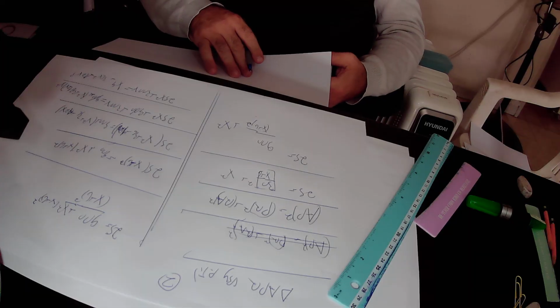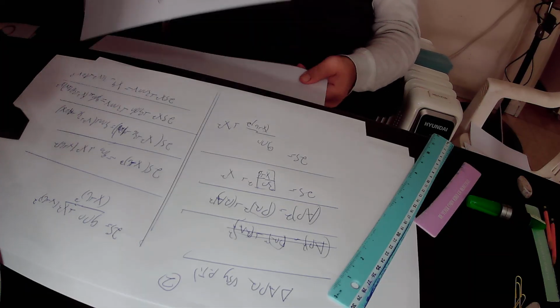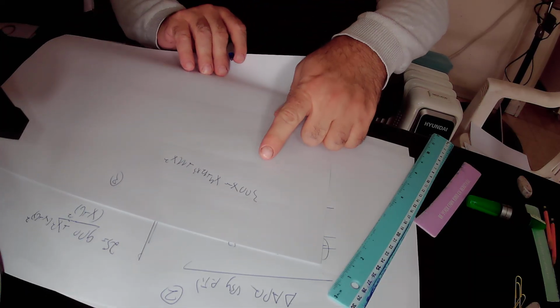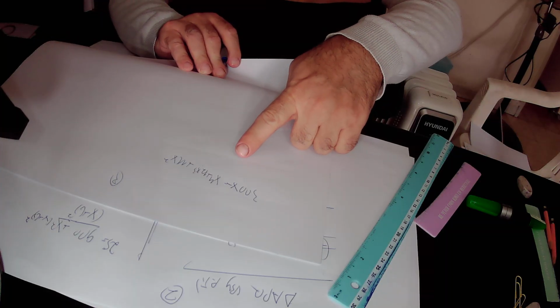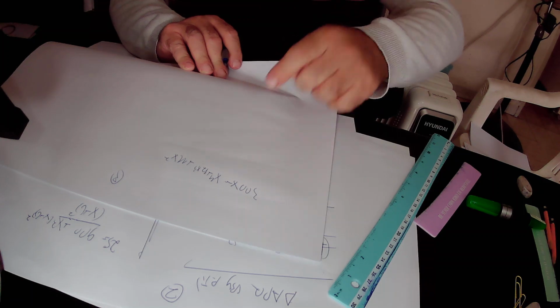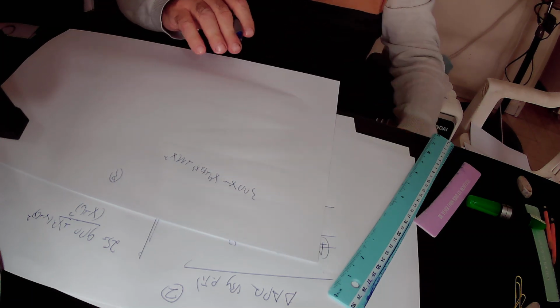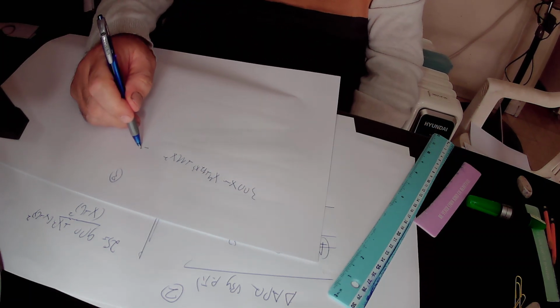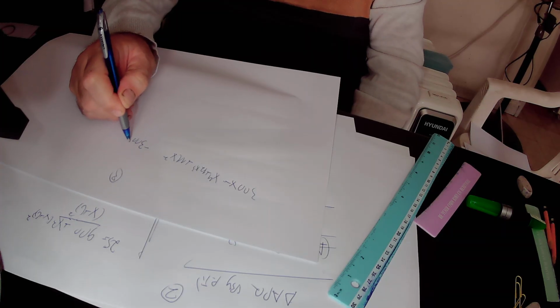So in total we now know that 300x equals x to the power of 4 plus 12x cubed plus 11x squared. So here we subtract 300x from this equation.